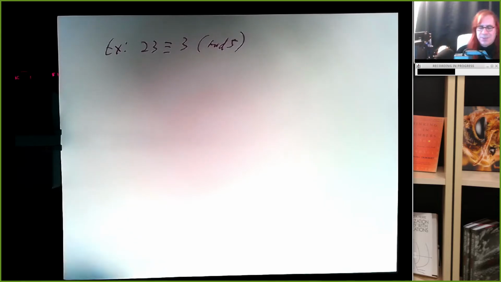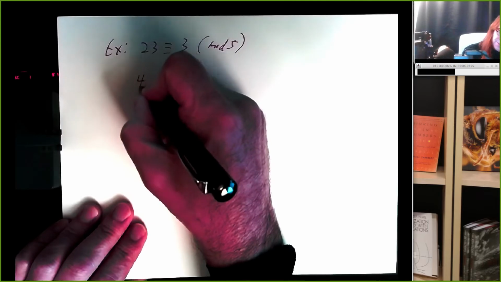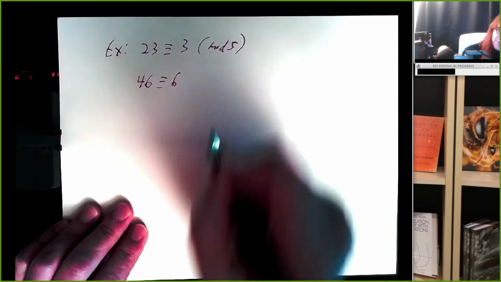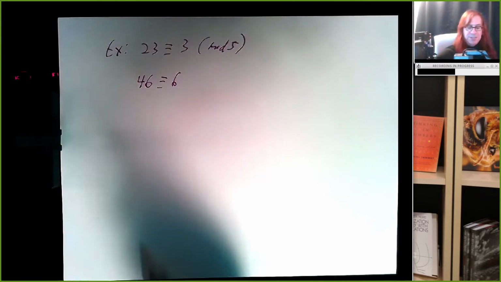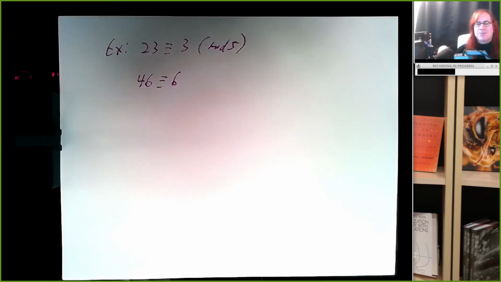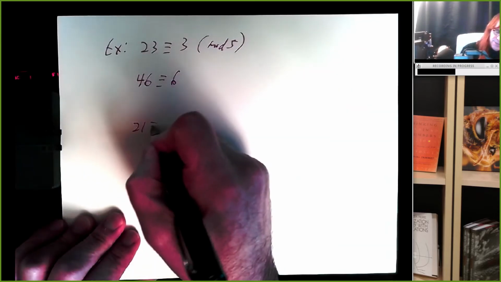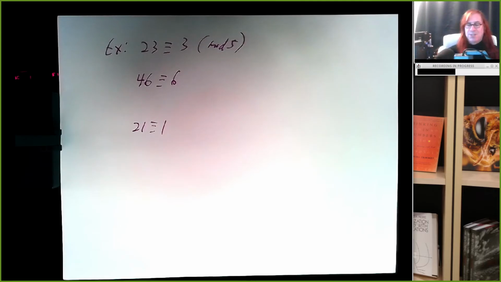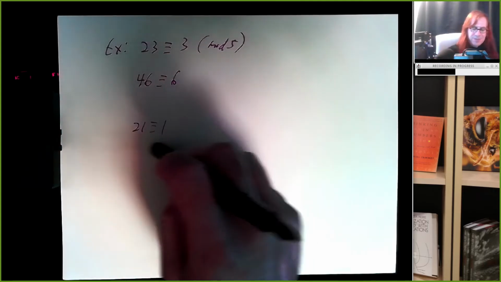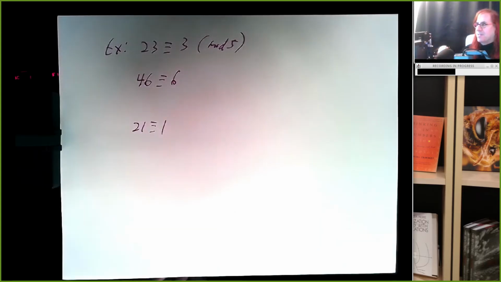If I multiply both sides by 2, I should find that 46 is congruent to 6. Which it is. The difference between those is 40. That's also a multiple of 5. If I add some quantity or subtract some quantity from both sides, let's say I subtract 2 from both sides, I should find 21 is congruent to 1, which it is, because their difference is 20, which is a multiple of 5.